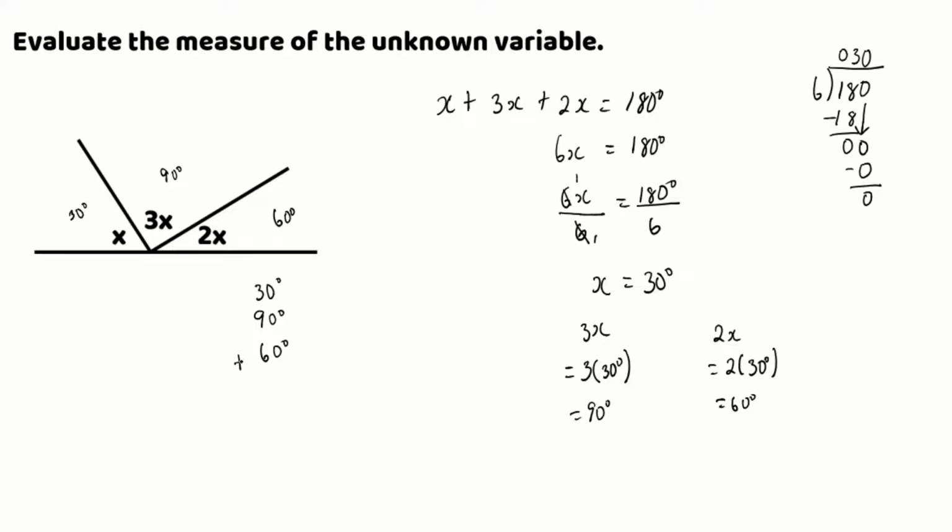And remember that all of these angles should add up to 180 degrees. So 0 plus 0 will equal 0. 3 plus 9 is 12, and 12 plus 6 is 18. So I see that these angles all sum to 180 degrees.